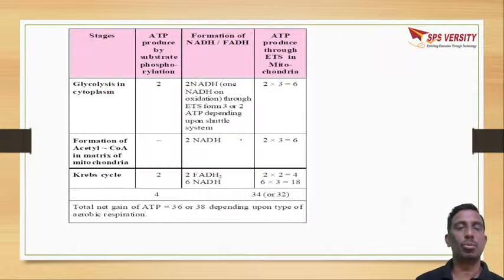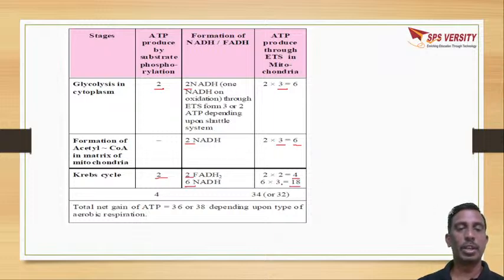And if we convert into ATP, each and every step, that is if we take glycolysis, 2 ATP are formed, and 2 NADH. Each NADH gives 3 ATP, so 6 ATP. Formation of acetyl coenzyme A from pyruvate, no ATP, only 2 NADH2. Multiplied with 3, 6. Krebs cycle में 6 NADH2 and 2 FADH2 and 2 ATP. 6 multiplied with 3, 18 ATP. 2 FADH2 will form 4 ATP.